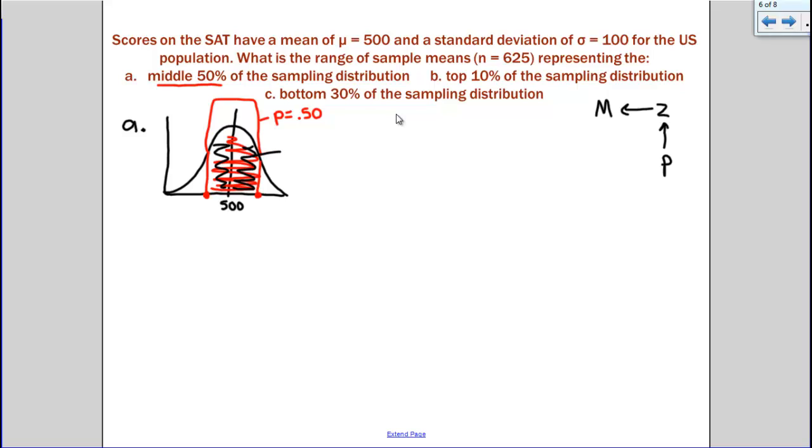So on each side of the mean, because we're splitting this in half, 0.50 divided by 2, you have p equals 0.25 from the mean to this z and from the mean to this z on the left side. So let's go ahead and find p equals 0.25 between the mean and z to then figure out what our z-score actually is for that location.